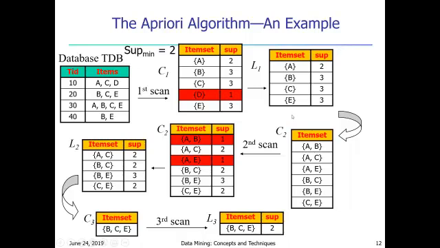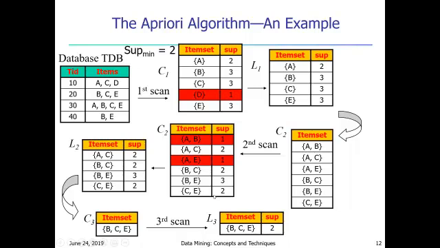From the frequent item sets, we generate the k plus 1 item sets, that means 2 item sets. In 2 item sets, we can see there are 6 item sets available. Then we scan the database again to determine the support for these 2 item sets.